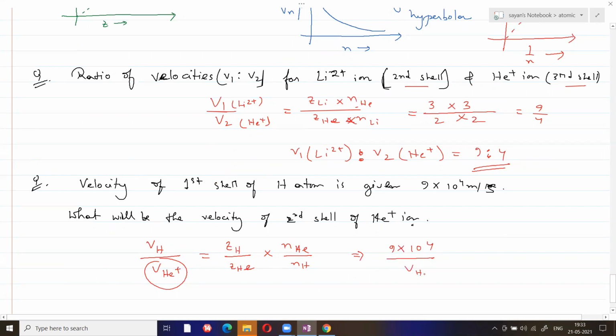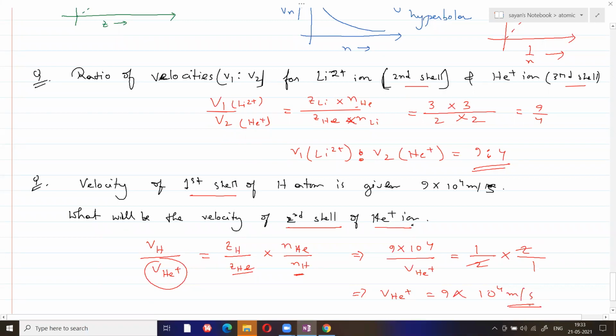This you have to find out. What is the value of z? Atomic number z is 1. Helium is 2. n of helium, shell number, what is given? 2. And n of hydrogen, shell number of hydrogen, what is given? First. So the value is basically the same, 10 to the power 4 meter per second.